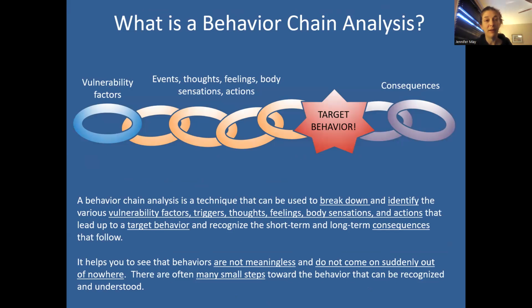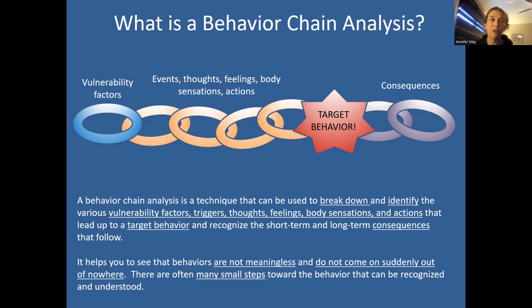So here's just a little illustration. The target behavior might feel like it's coming out of nowhere, or you might have a vague idea that, yeah, I was really upset, or this was going on and I got really upset and this happened. Or sometimes it feels even more vague, like, I don't know, I thought I was doing pretty well, and then before I knew it, I was hurting myself.